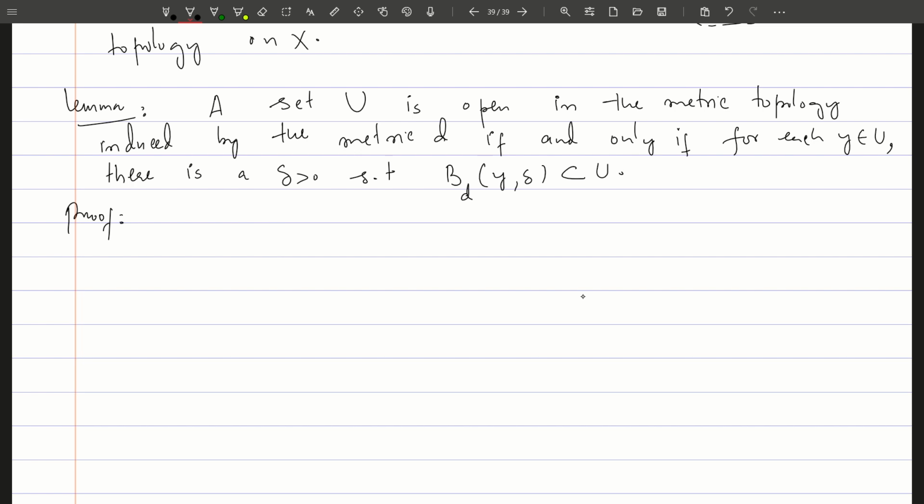Let us first assume that U is an open set in the space X. Since this fancy B is a basis for the topology, the open sets in that topology are the unions of the elements of this fancy B. Since U is open, U has to be the union of some elements in this fancy B.